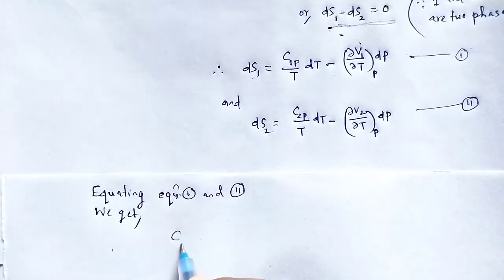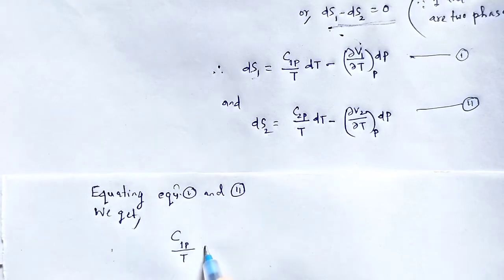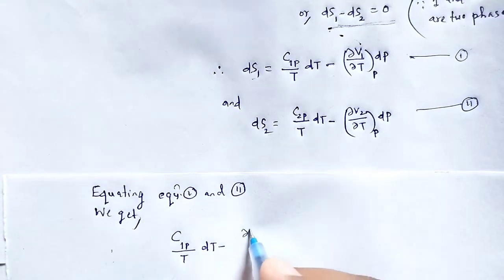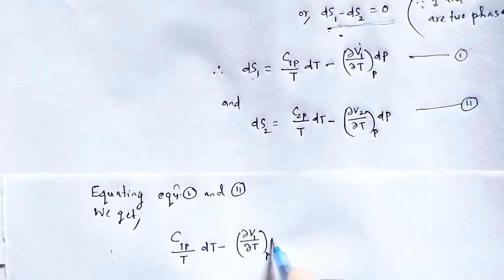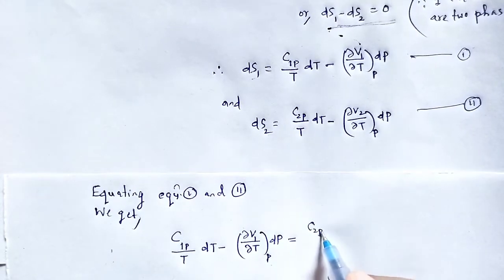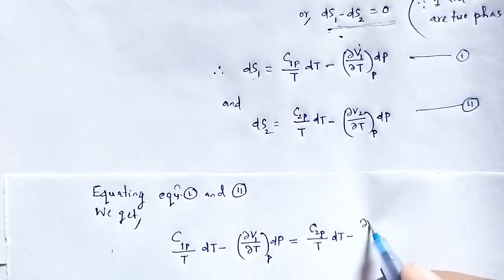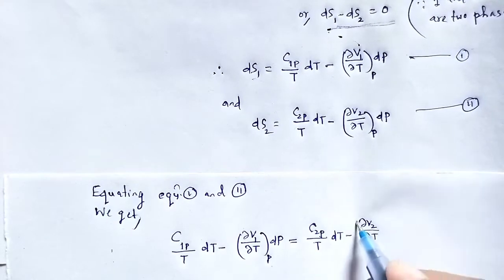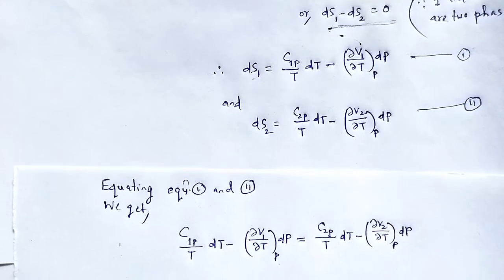So, write here C1p by T dT minus del V1 by del T at constant pressure dP is equal to C2p by T dT minus del V2 by del T at constant pressure dP.